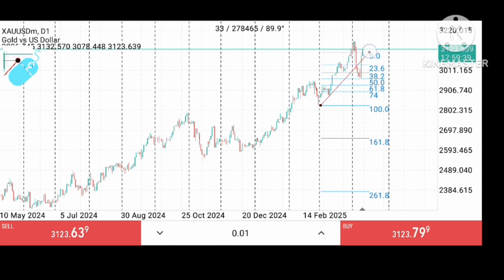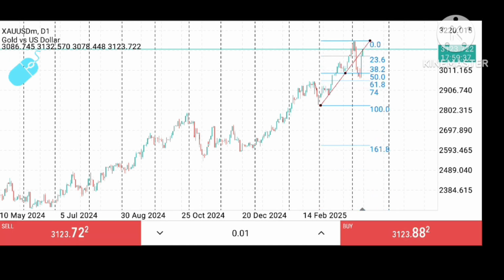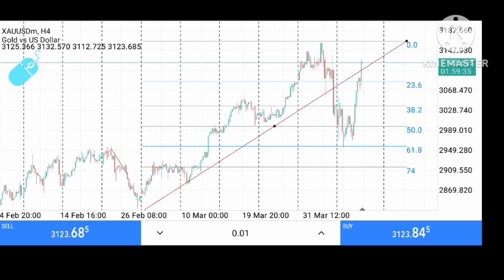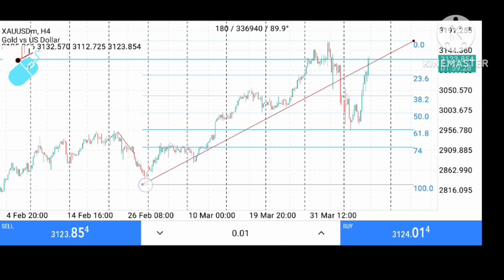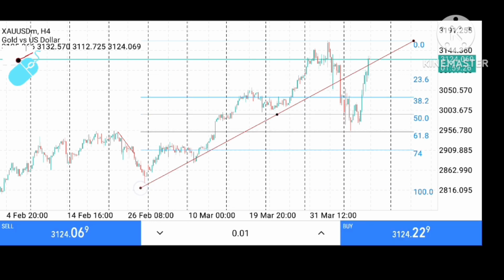We can calculate that retracement. What we have exactly is the 618. Price just touched the 618 level there.